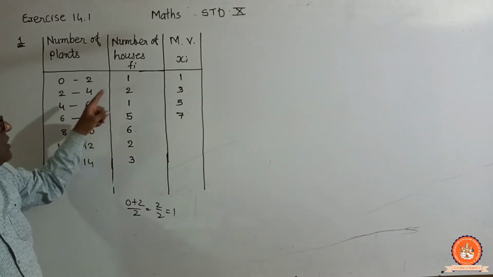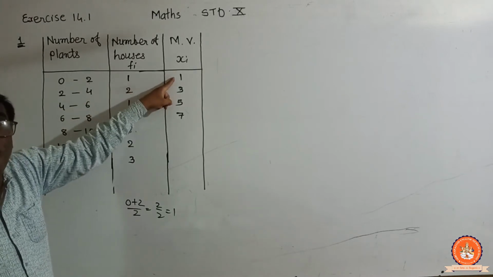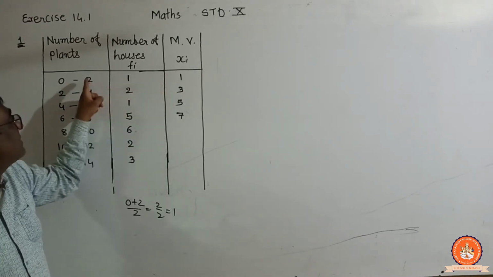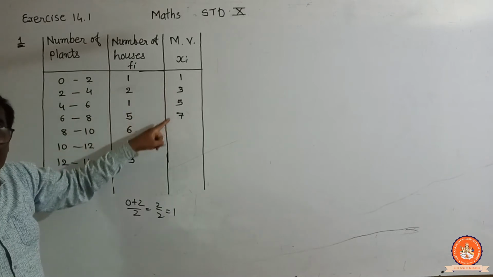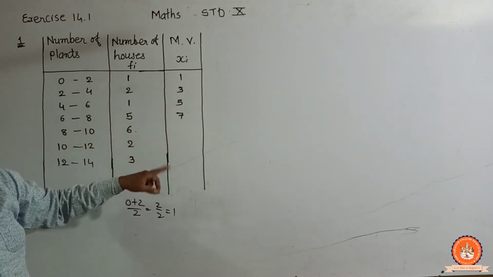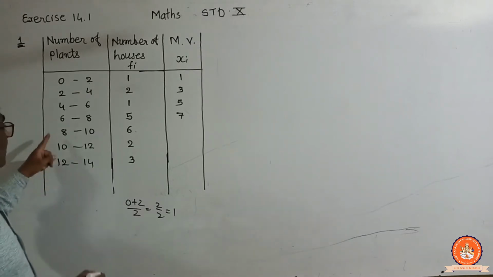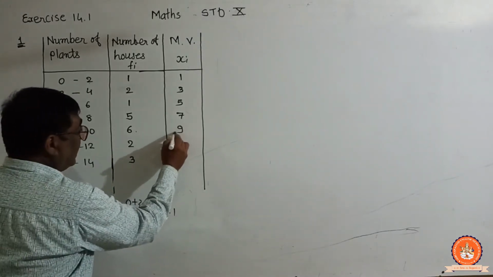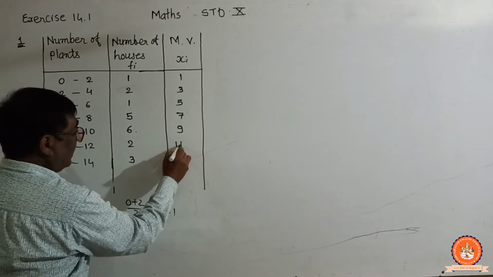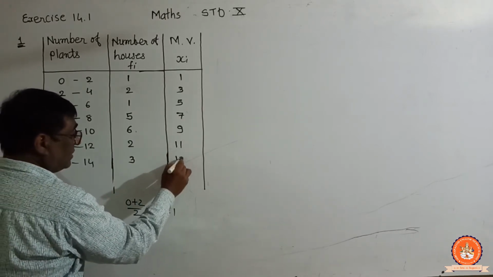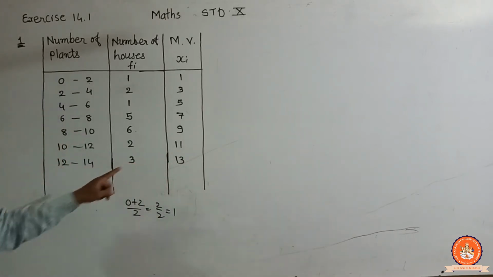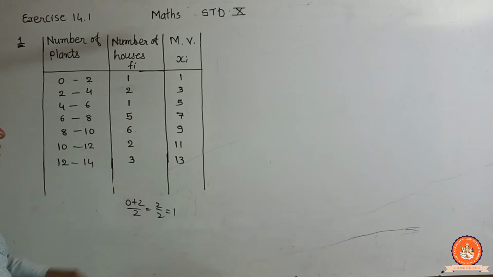So once you find out the mid value of the first class interval, go on adding 2 every time to get the mid values of the next consecutive classes. So here 7 plus 2, that is 9, 9 plus 2, that's 11, 11 plus 2 is 13. And you can see that 13 is there between 12 and 14.